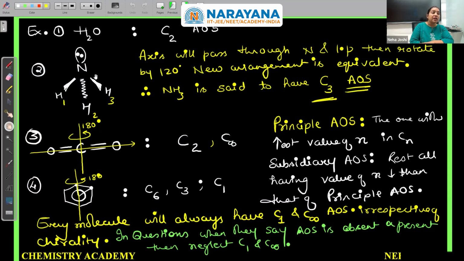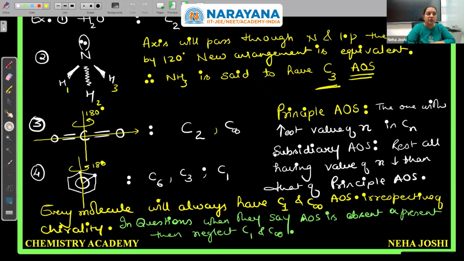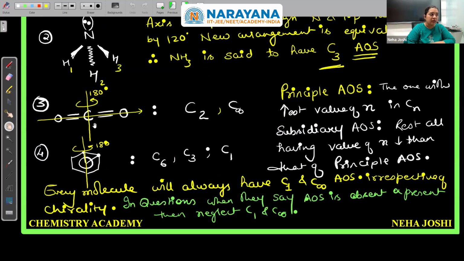When I talk of ammonia, if I pass an axis through nitrogen and lone pair, then I rotate by 120, I'll get the equivalent arrangements. And so ammonia is said to have C3 axis of symmetry. Right? CO2, if we talk of C2 passing through carbon, it can have more.